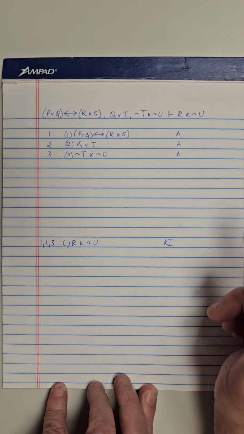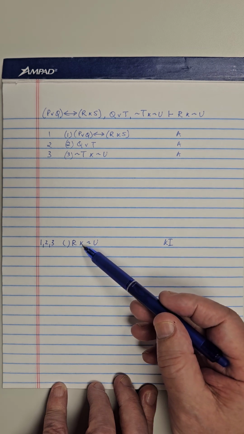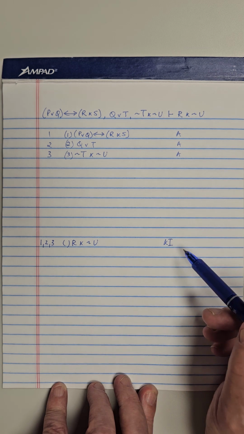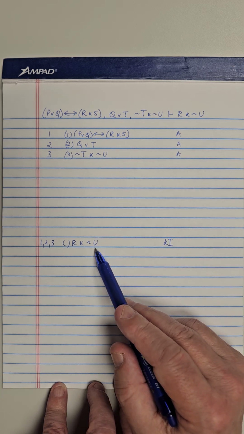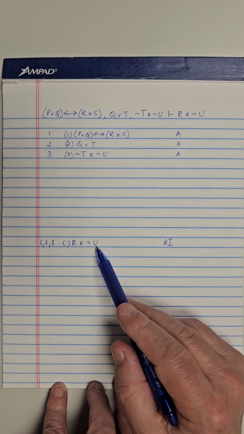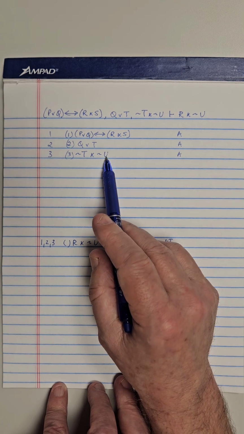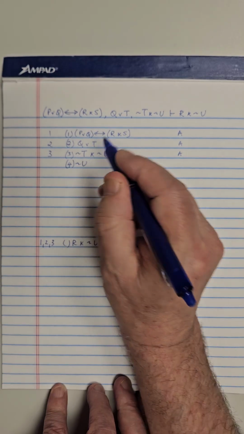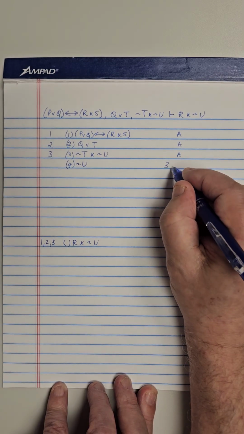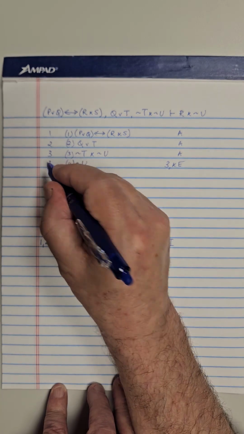Not always true, but often true, that you use the rule that introduces the main connective of the sentence you're trying to prove. And the right conjunct of this conjunction is actually the right conjunct of the conjunction on 3, so we know we can get that. We can just take it out right away. 3 ampersand elimination, a 1-line rule.